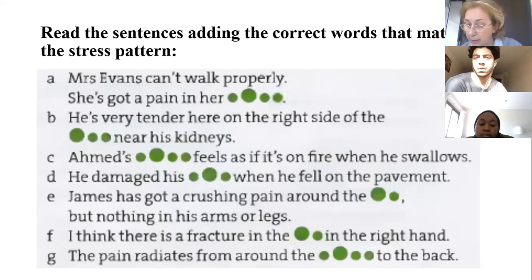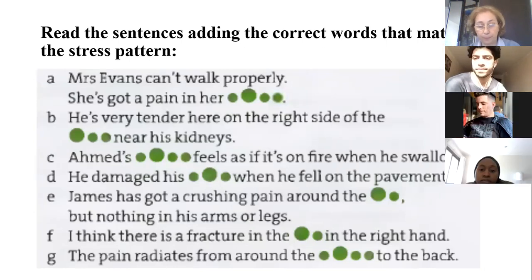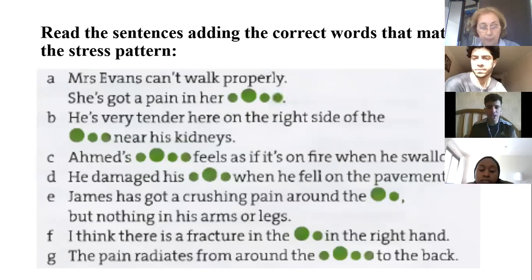So the next is for Ayham. Miss, James has got a crushing pain around that, but nothing in his arm or legs. I think sternum. Exactly, right. Sternum. Well, now please, Kazum. I think there is a fracture in the right hand.